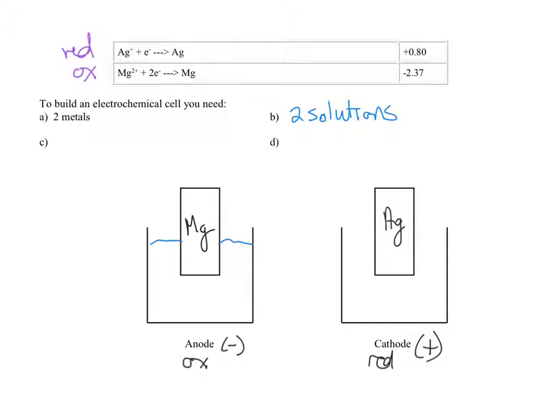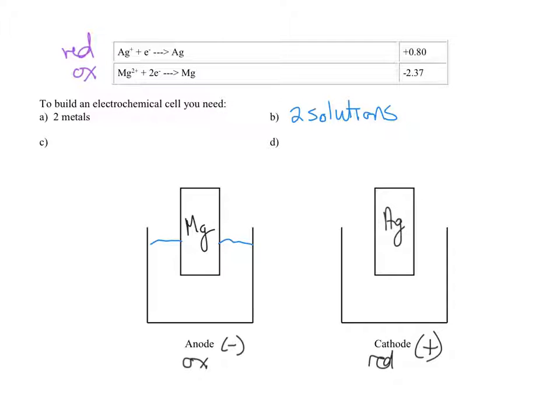Usually, however, we use nitrate solutions because nitrates are always soluble. They will never precipitate, so they'll never react with something to form a precipitate and interfere in your reaction. And so we usually use nitrates. And so in this case, we'd use magnesium nitrate.